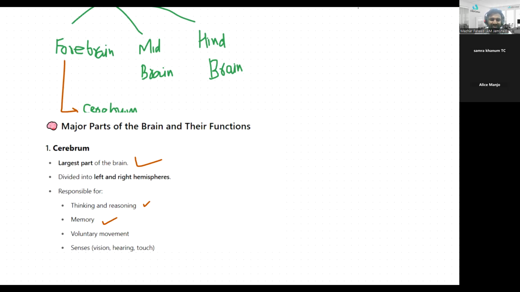It also controls voluntary functions like vision, hearing and touch. All voluntary actions are under the control of the cerebrum. So the cerebrum is the largest part of the forebrain. There are some lobes of the cerebrum: the frontal lobe, parietal lobe, temporal lobe and occipital lobe.